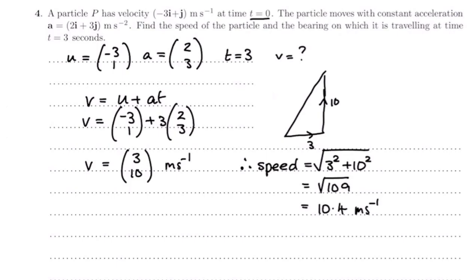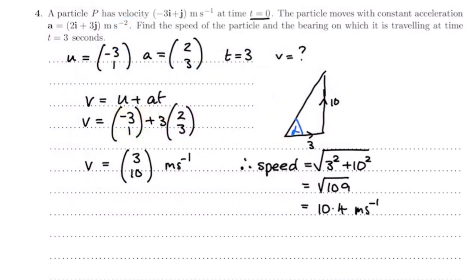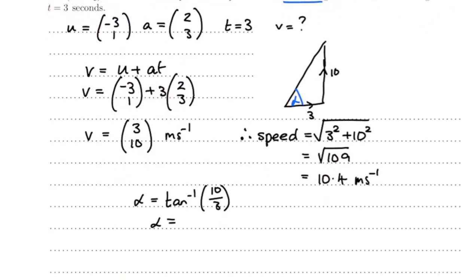And of course I can use my little diagram to find the angle. Don't forget, it's actually said the bearing, so I'm going to find alpha first, and then I'm going to find my bearing. Alpha is inverse tan, or tan to the minus 1, of opposite over adjacent, which comes out as 73.3 degrees.